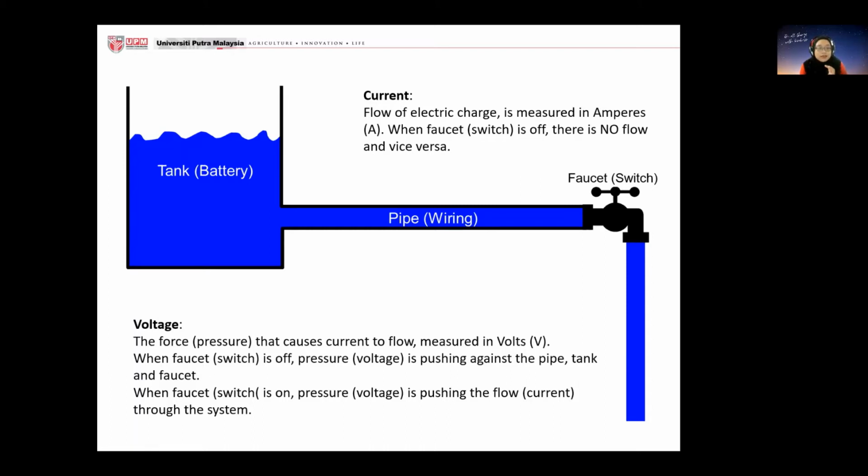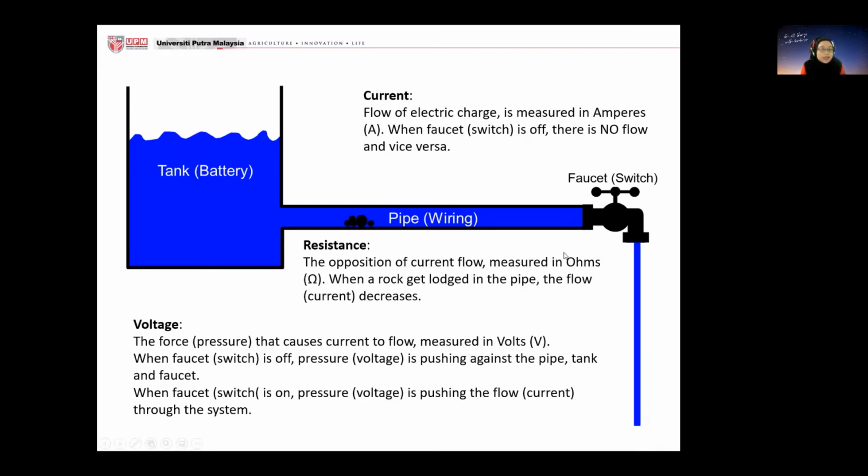In this situation, it's the electron. So flow of electric charge. Basically, when you turn the switch off, there is no flow, meaning there is no current. That's why if you think back just now on the circuit, when you switch it off, you're not going to have electricity, because electrons are not moving through a complete circuit, right?